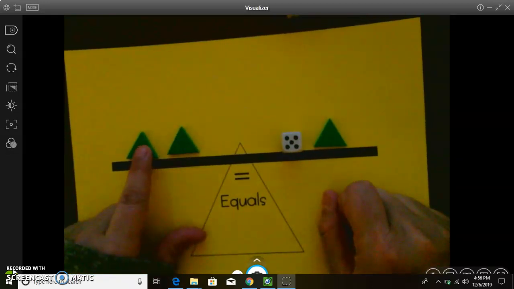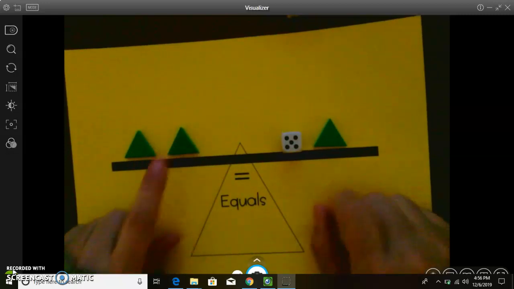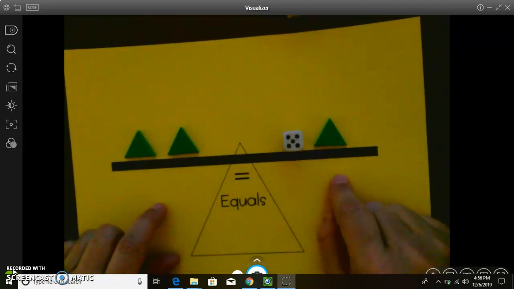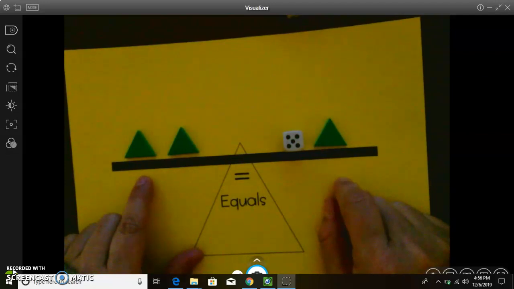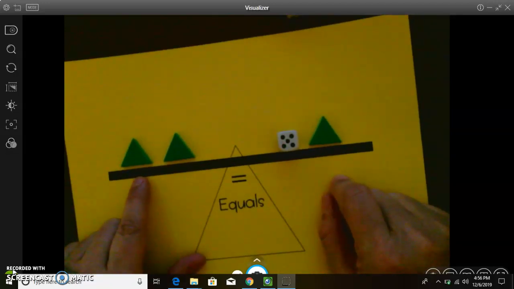So let's try 5 plus 5 is 10. 5 plus 5 is 10. So in this problem, our variable, or our unknown, would be 5.